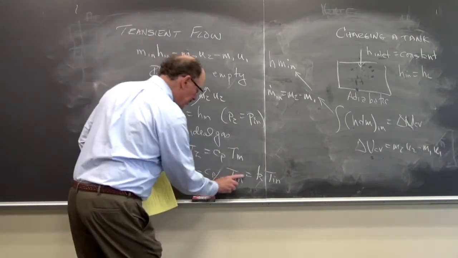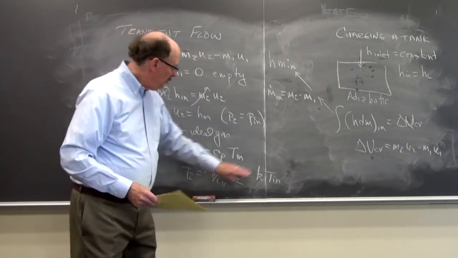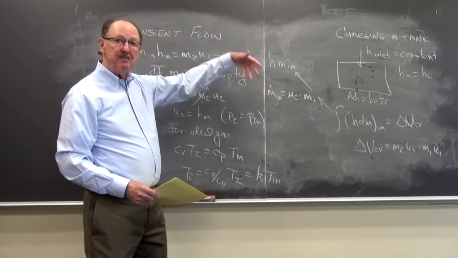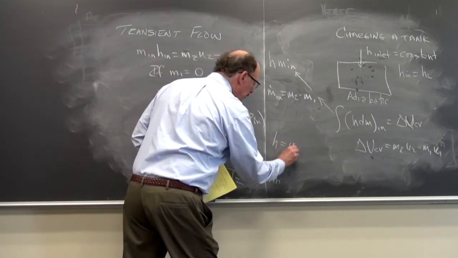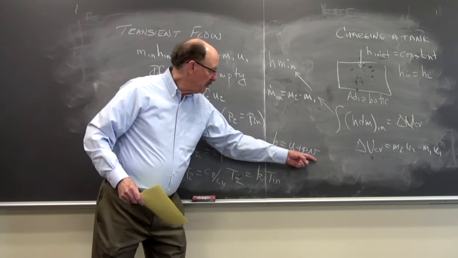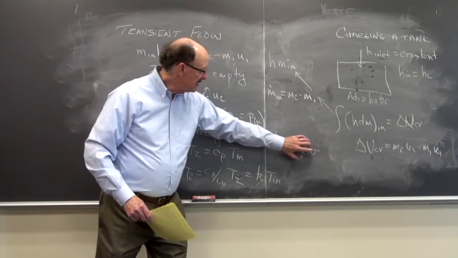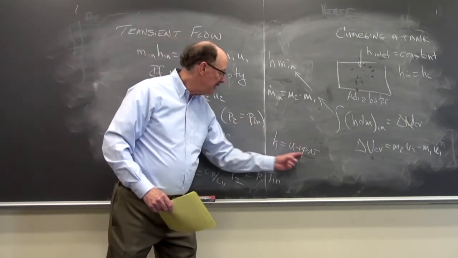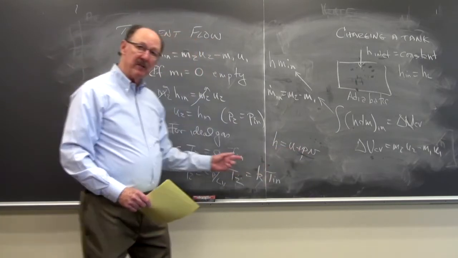This is T2. So T2 is higher, and what's happening is that the flow energy, the enthalpy term, H is equal to U plus Pv, this flow work term that we talked about in chapter 3, this flow work term has to stop, and it causes the temperature to rise as all the energy associated with this term goes into the final internal energy.